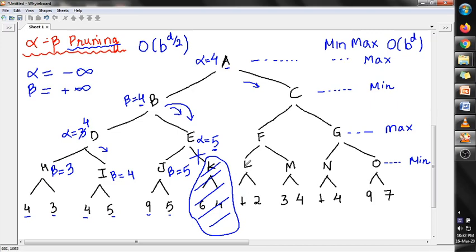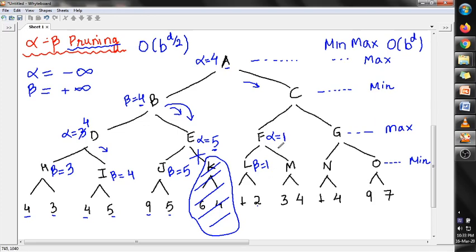Yes, so first you need to find the value of this L node, and since it is a minimum level, you need to write beta equals 1. Okay, and when you write beta equals 1, this value should be propagated to the node F, and here alpha becomes 1.